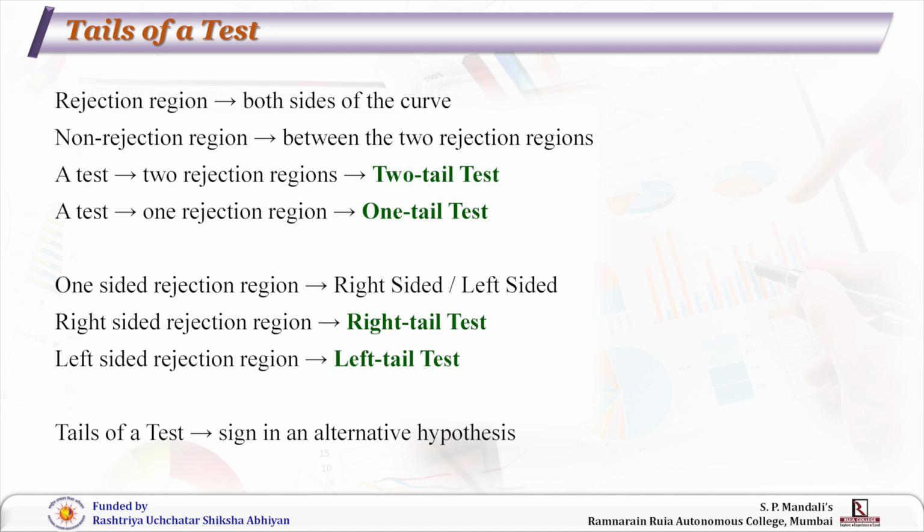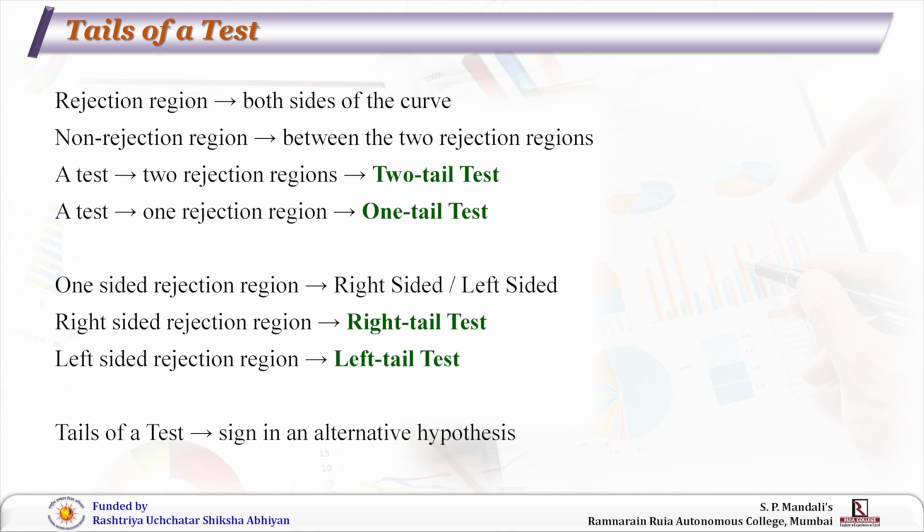The rejection region, that is, the critical region in hypothesis testing, can occur on both sides of the curve with the non-rejection region lying between these two rejection regions. Whenever there are two rejection regions, the hypothesis test is called a two-tailed test, and the test with a single region is called a one-tailed test.